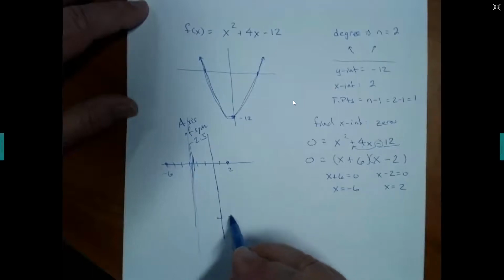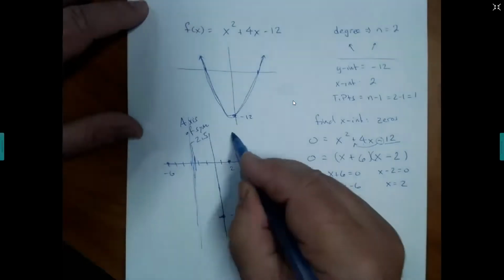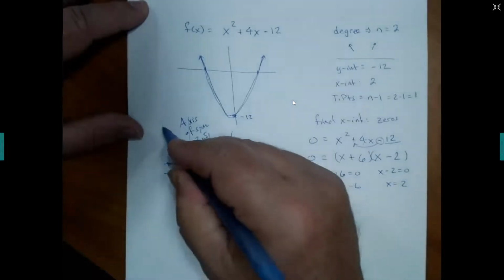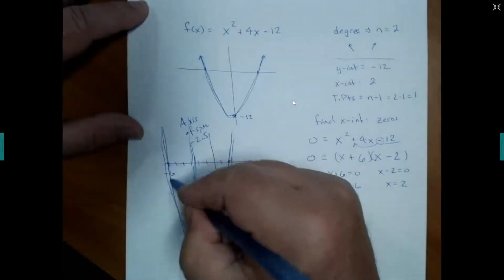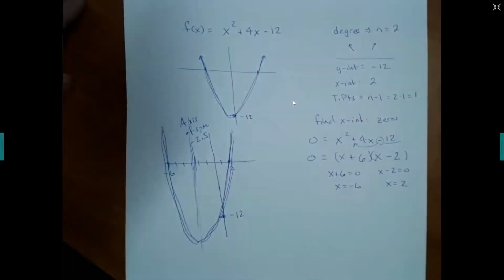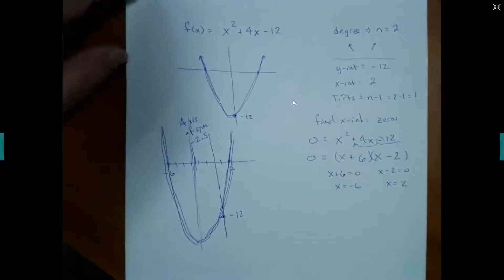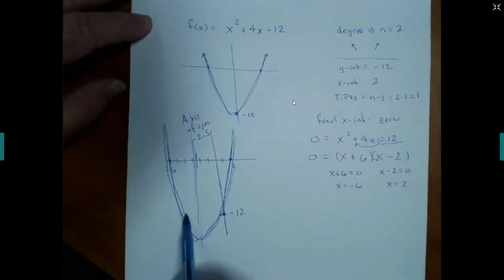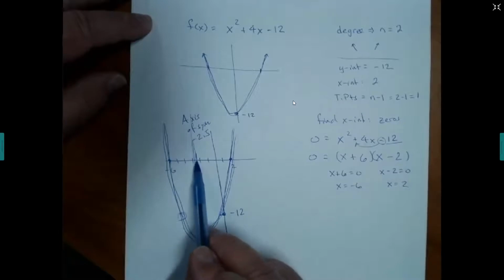That means our y-intercept looks something like this. We can find the exact location of this point from here at negative 2.